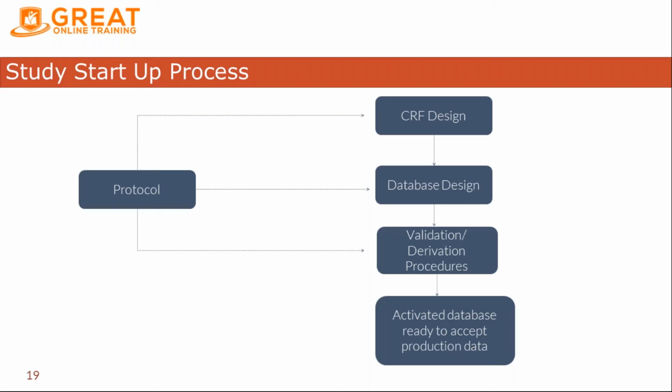We need to check this before the database gets activated. When all these checks are working fine, then the database gets activated and it's ready to accept the production data. So this is the entire process of study startup.